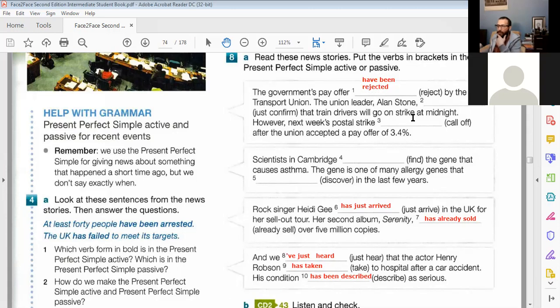The union leader, Ellen Stone, has just confirmed. All right, and number 3? Next week's postal strike has been called off.